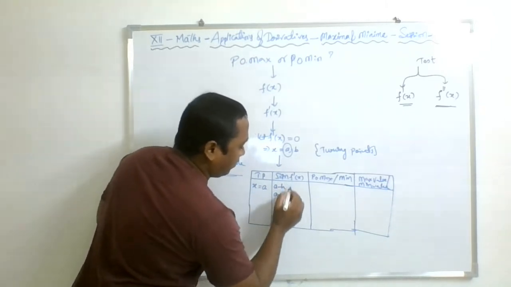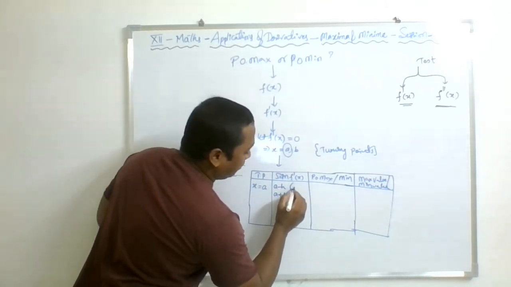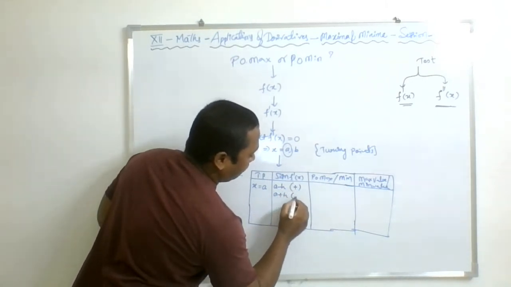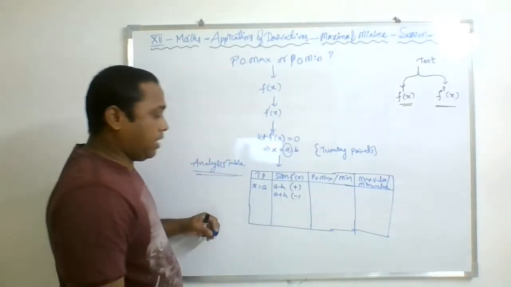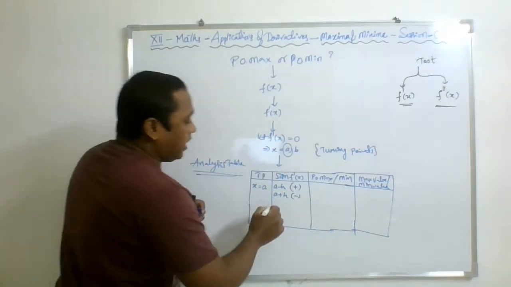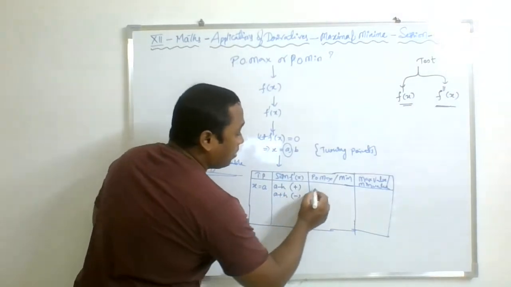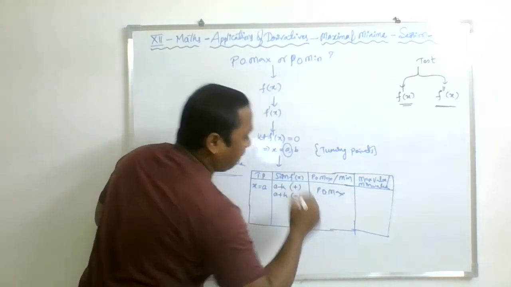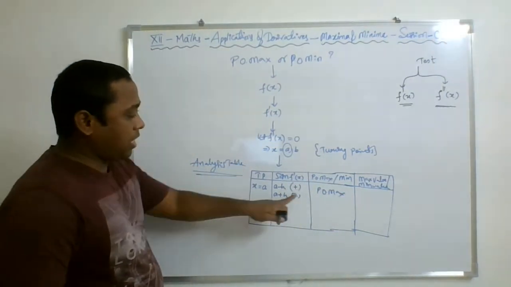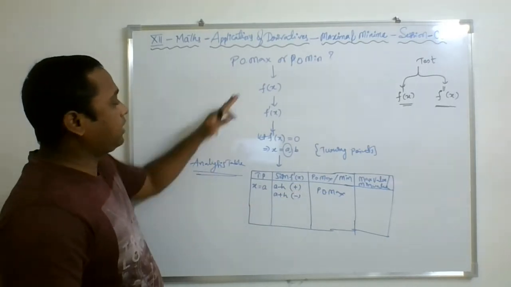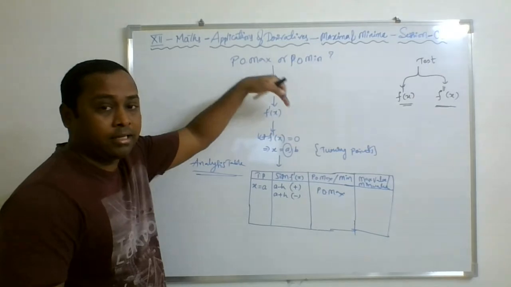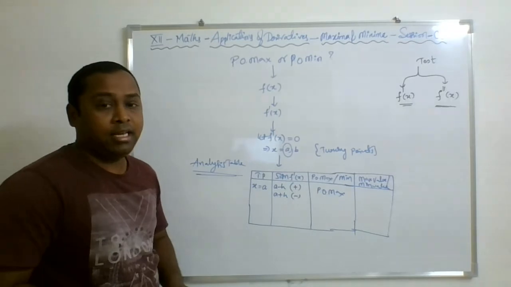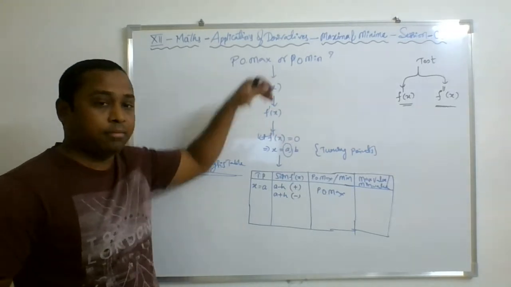If the derivative sign, that is f dash x, is positive at a minus h and at a plus h it is negative, then here it is a point of maxima, because the derivative sign is moving first positive, meaning increasing, and then decreasing, positive to negative, then we can say yes, it is a point of maxima.